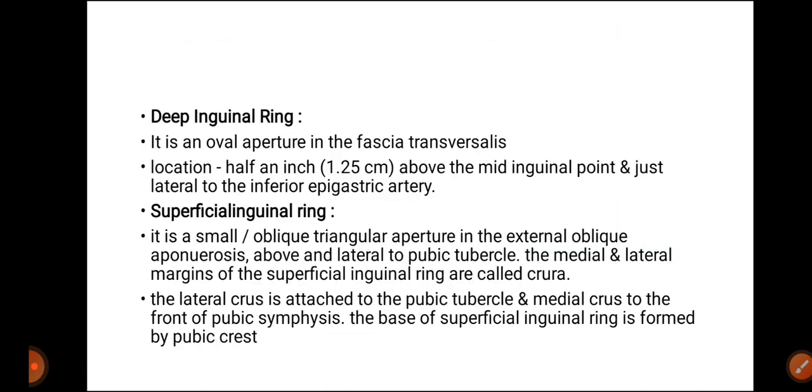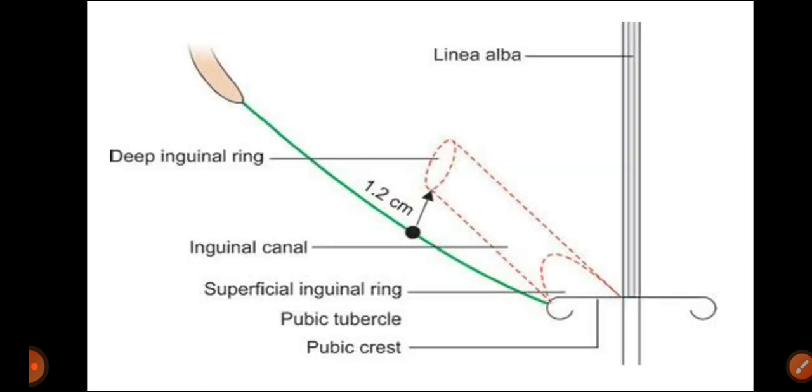Next one is the superficial inguinal ring. It is an oblique triangular shaped ring which is near and lateral to the pubic crest and pubic symphysis.